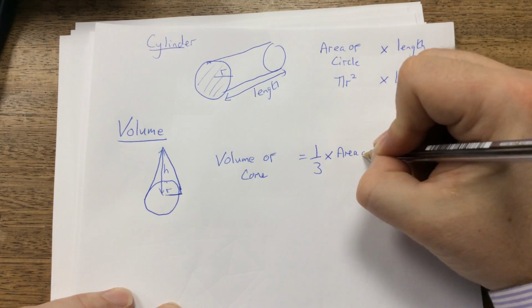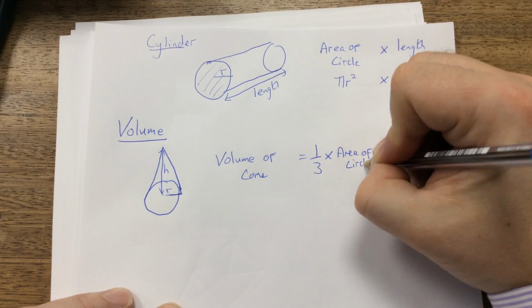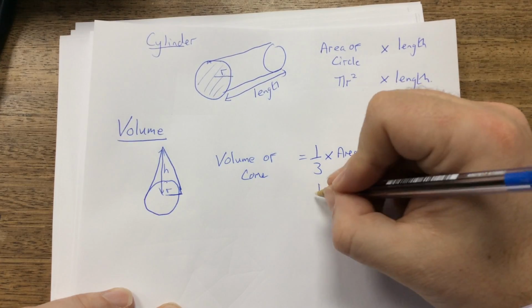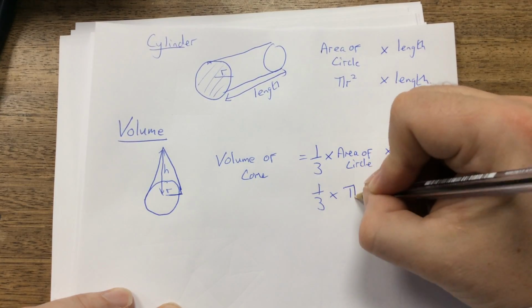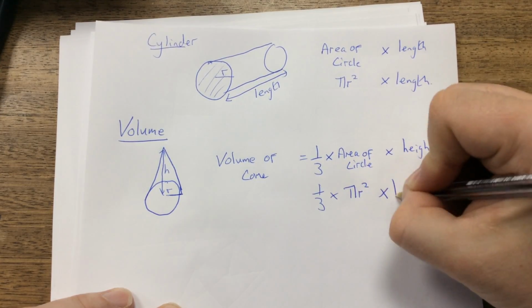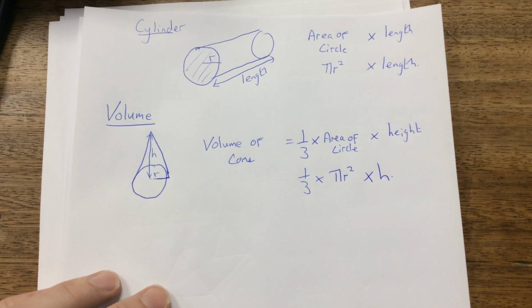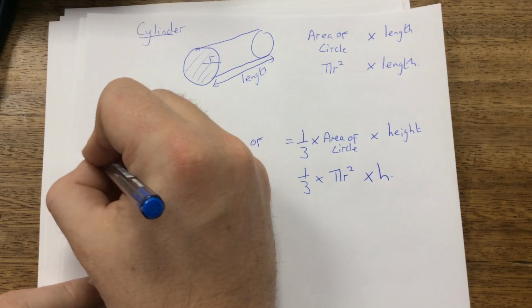So it's 1/3 times the area of the circle multiplied by the height going straight up. So it's 1/3 times pi r squared times the height going up. And that's how you find the volume of a cone.